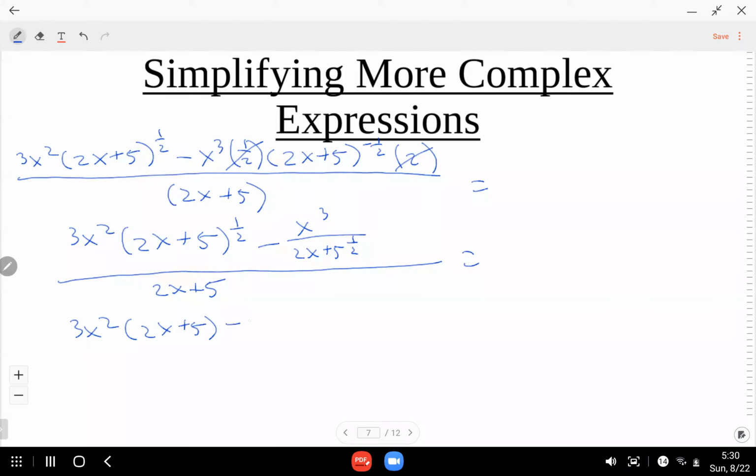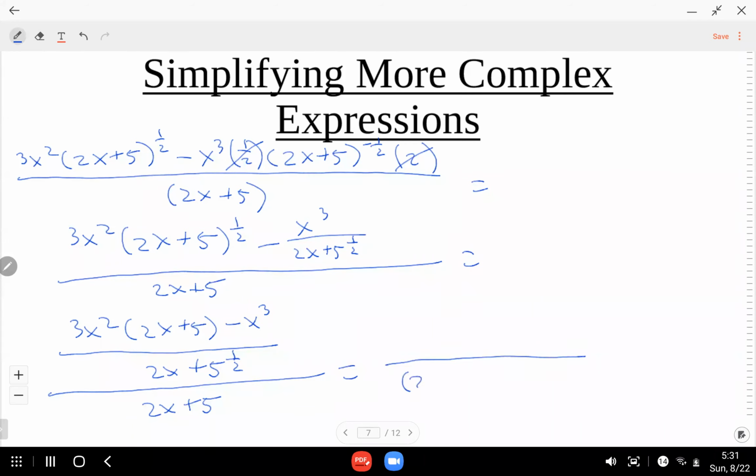And then minus x cubed all over (2x plus 5) to the 1/2, all over (2x plus 5) to the first power. All right. And then you simplify the top first. The bottom we already know is (2x plus 5) to the 3/2.